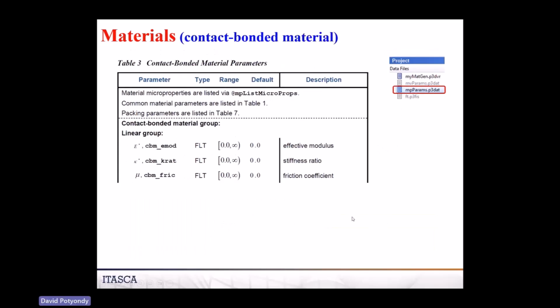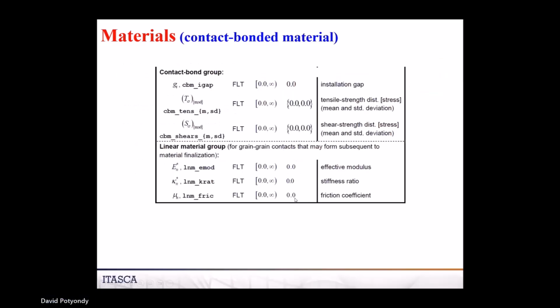Contact bonded material. It has the linear group stuff, which is, again, the same thing for the contact bonds. It has these 3 things. Then it also has these guys. Here's that installation gap that I talked about. And then here is the tensile strength and the shear strength.